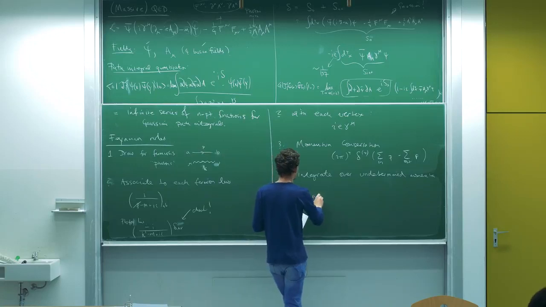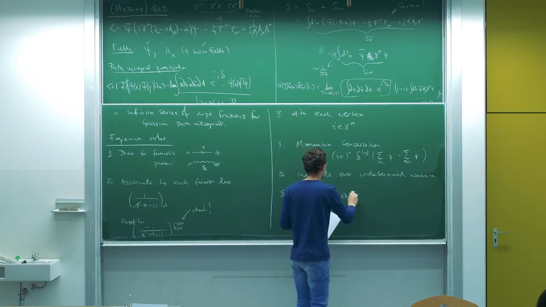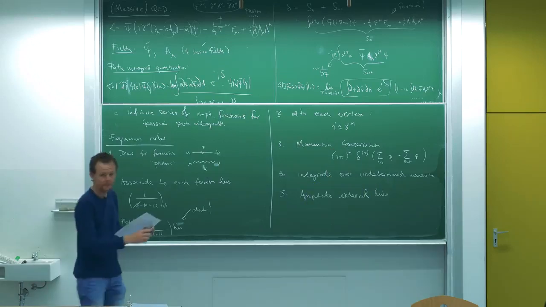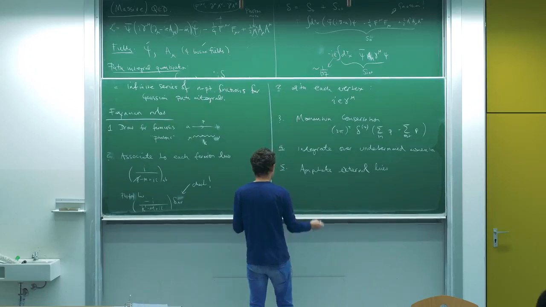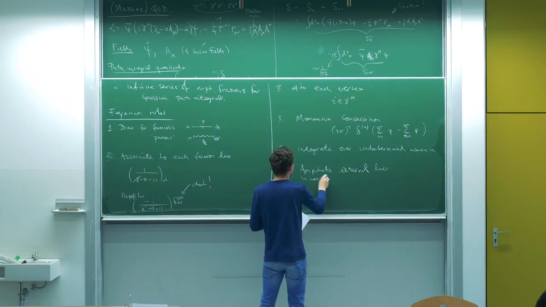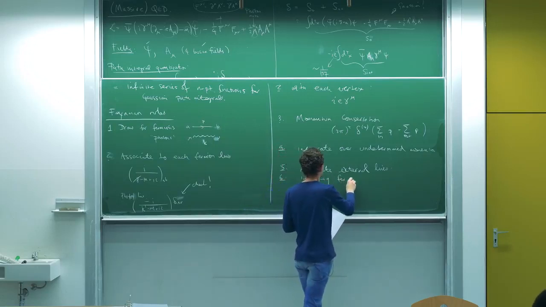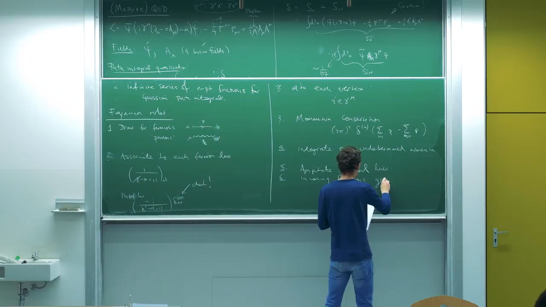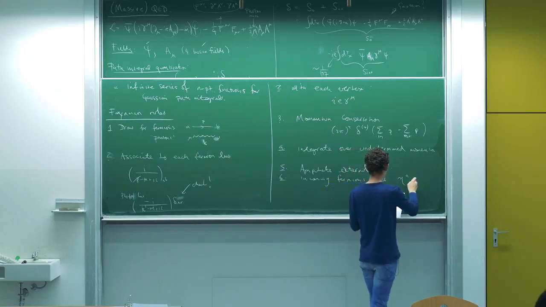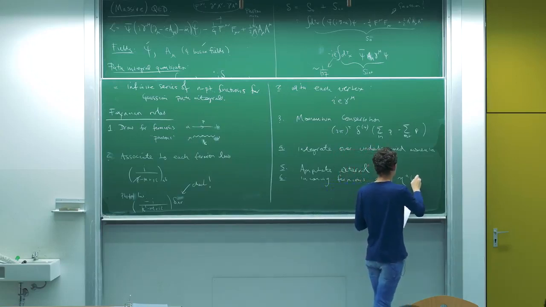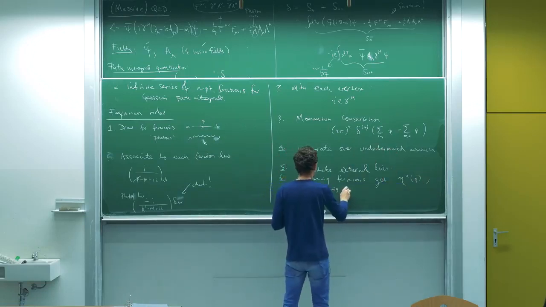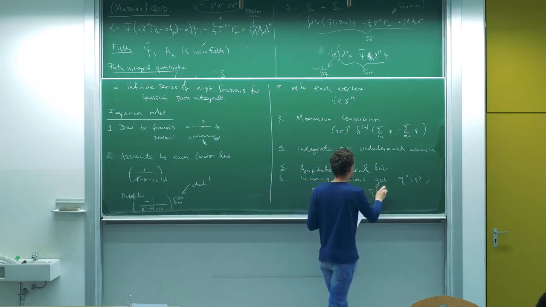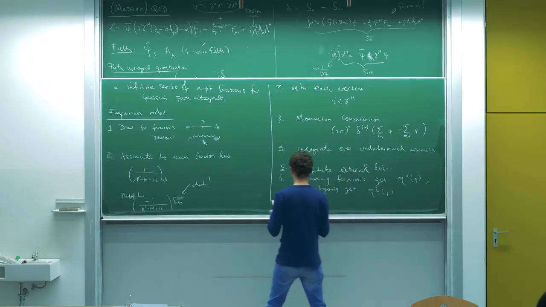You amputate external lines. And you associate a factor. Oh, yeah. Then there's incoming fermions. Get e to a's. And -1.